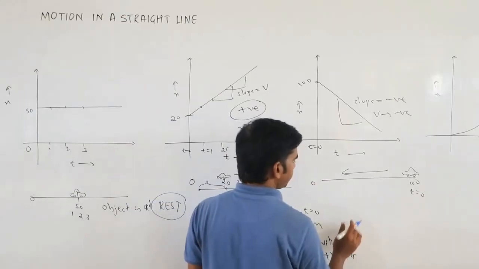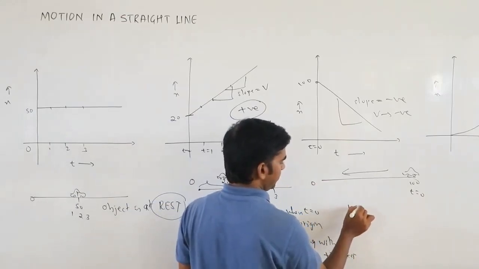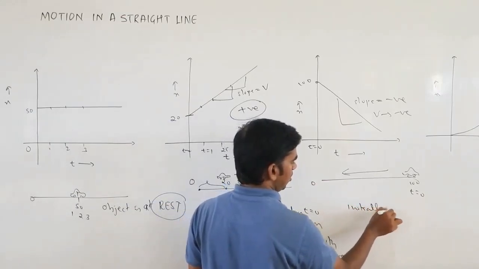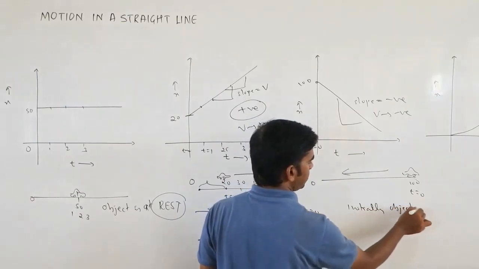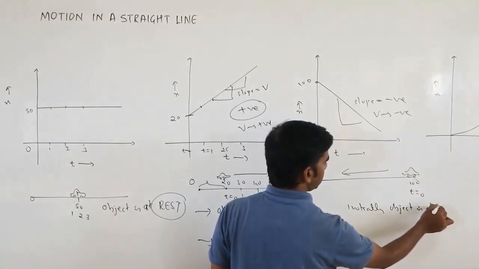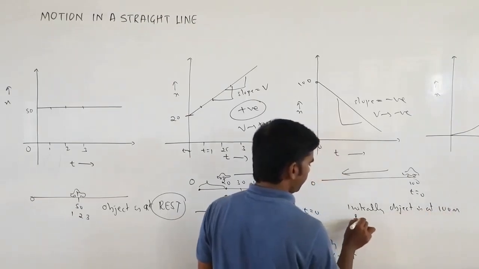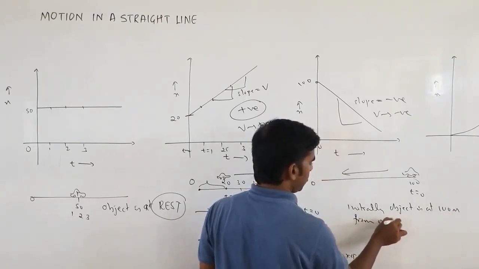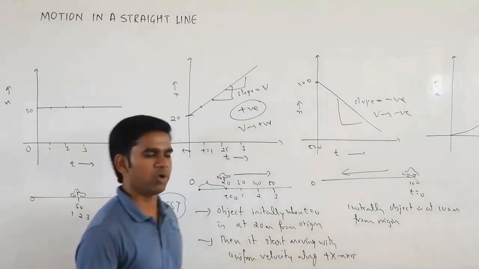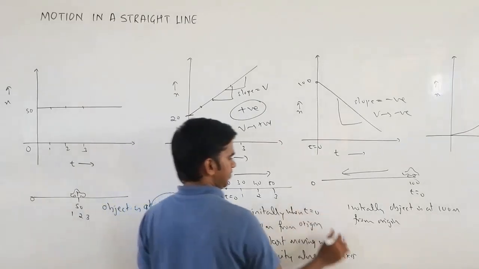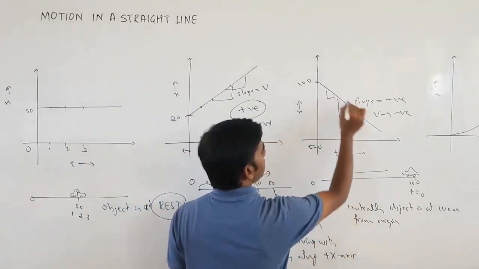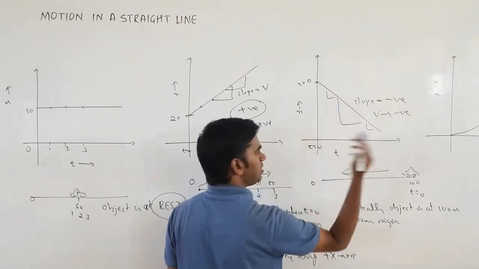So initially the object is at 100 meters from the origin or reference point. Again, the velocity is uniform, the same everywhere, but it is negative.